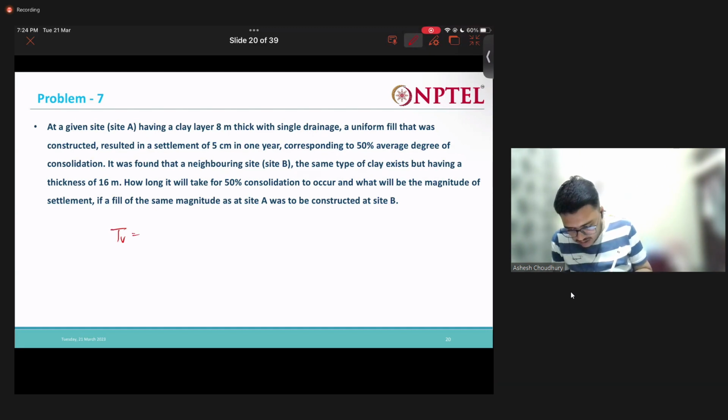Tv is Cv t by d squared. My thickness is 8 meter, settlement is 5 centimeter, percent is 50%.